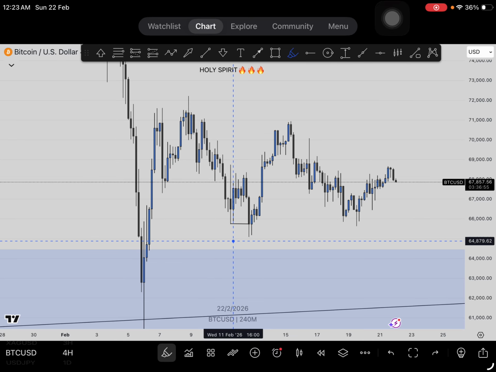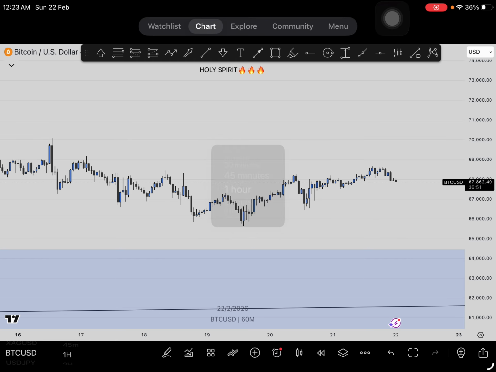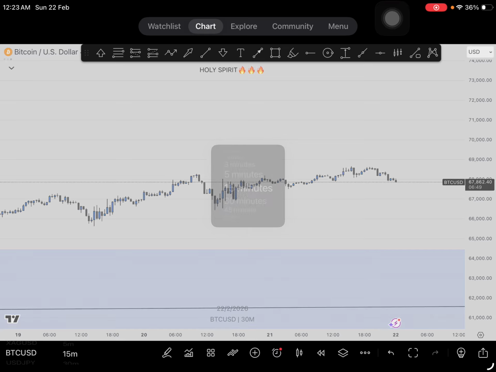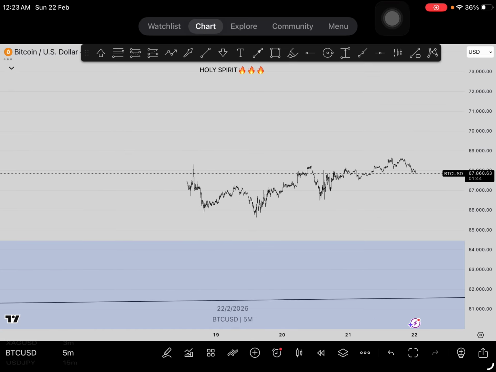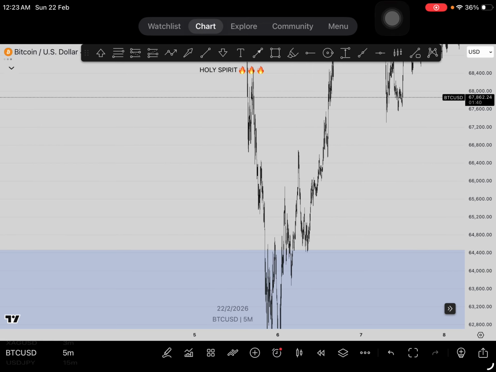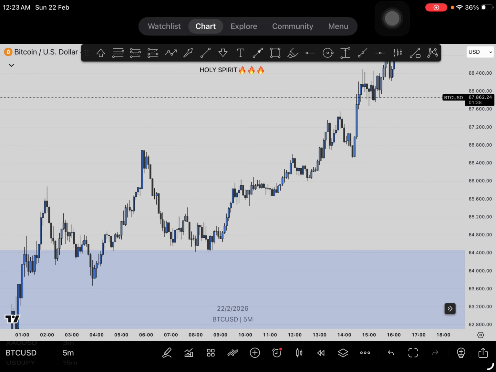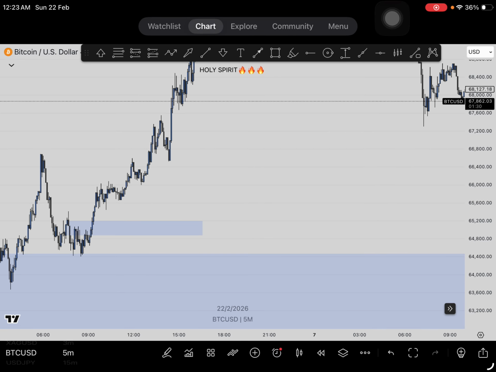Through my investigation, I realized that this entry came from 5 minutes. I went down onto the lower time frame, and I saw that that entry was actually coming from the 5 minutes breaker. That's 5 minutes. That was where the market took the entry from.